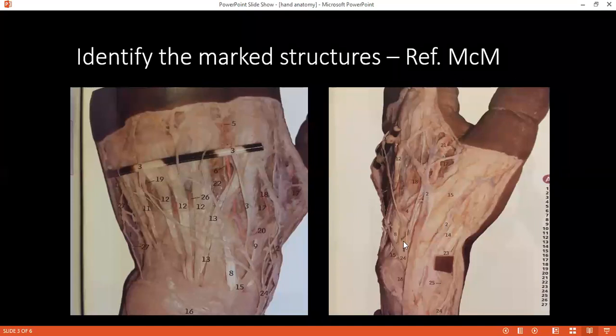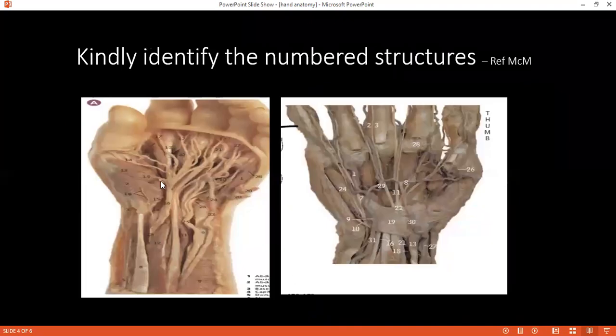Good. Okay. If you are looking at picture A, can you please identify 16? It's the radial nerve. Sorry, ma'am, median nerve. Good.